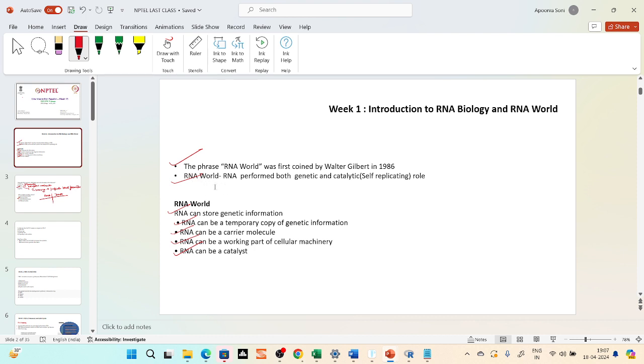In earlier times, when the genesis of the life form took place, at that time RNA only served as a genetic material. So RNA world means that RNA used to perform both genetic as well as catalytic function. But in due course of evolution, DNA evolved as a genetic material, but earlier it was just RNA.